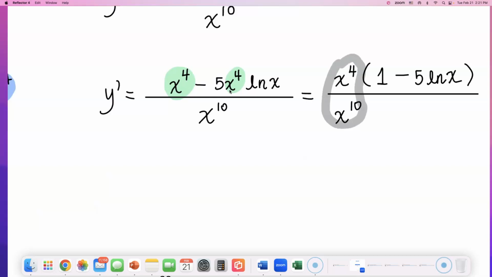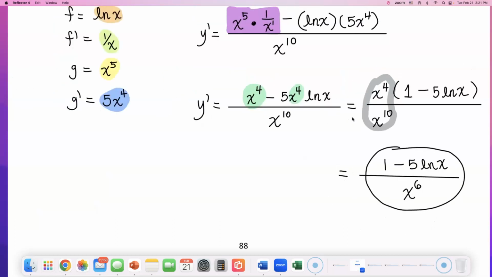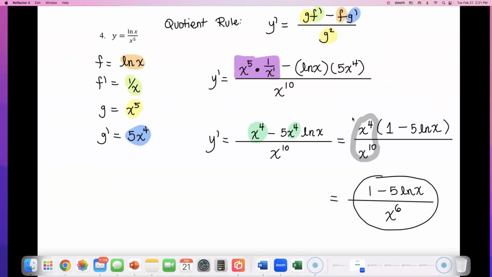My final answer is 1 minus 5 natural log of x, and the denominator has 6 more x's, right? 10 minus 4 is 6, but the leftover goes to the bottom because we had more in the bottom originally. So that's going to be the final answer for this problem, okay?